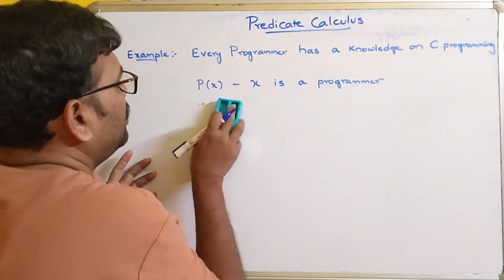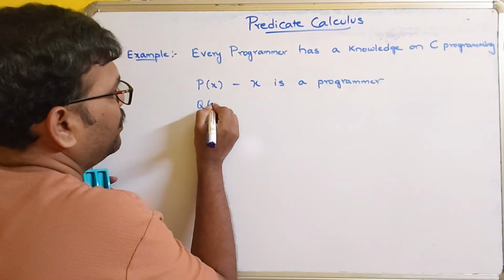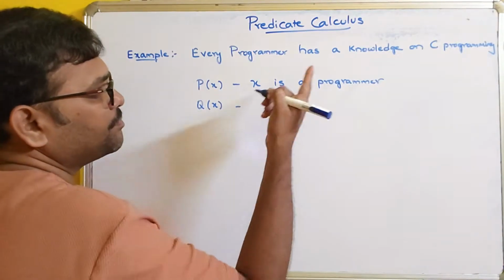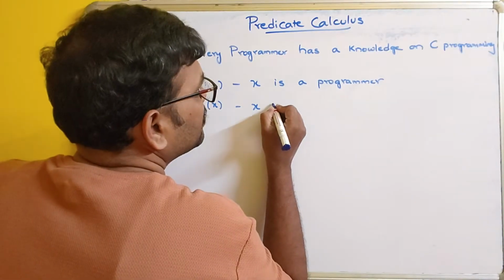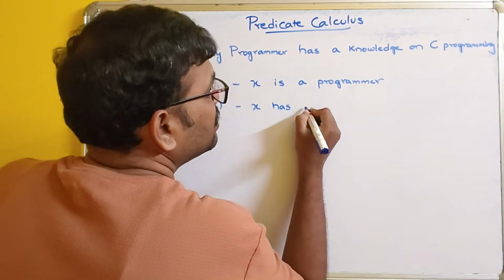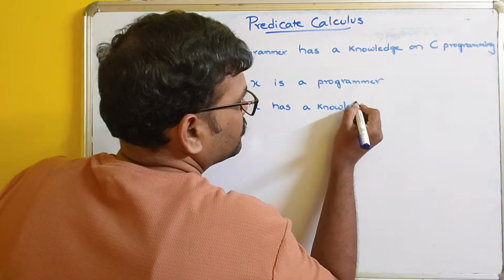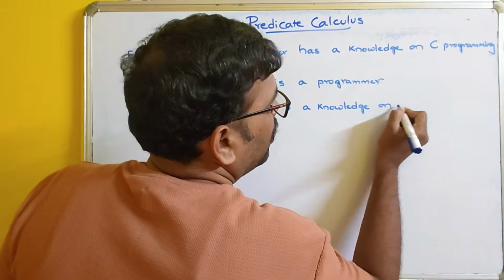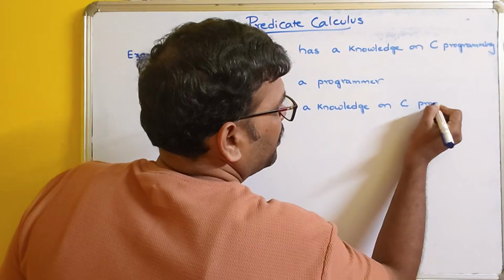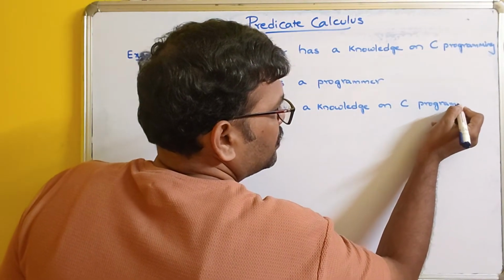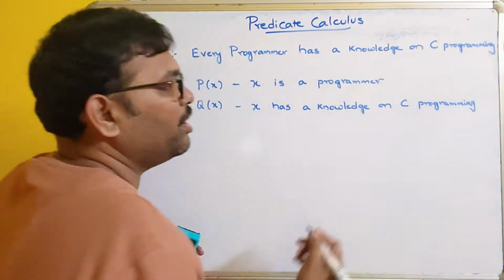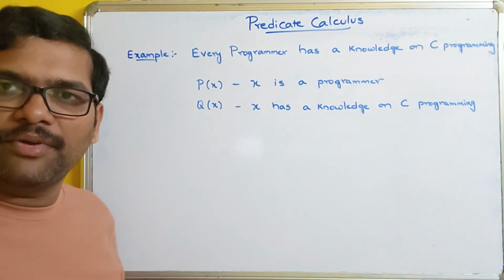And the second predicate, Q of X: X has a knowledge of C programming. So how can we represent this with the quantifiers?